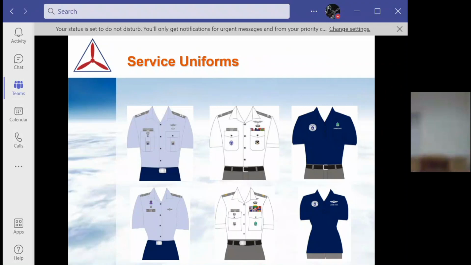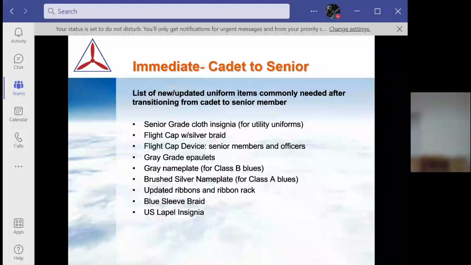Senior members that are 18 to 21 are not full adults yet, so they have to wear flight officer ranks. They are basically the equivalent of second lieutenant, first lieutenant, and captain, but they are flight officer, technical flight officer, and senior flight officer.